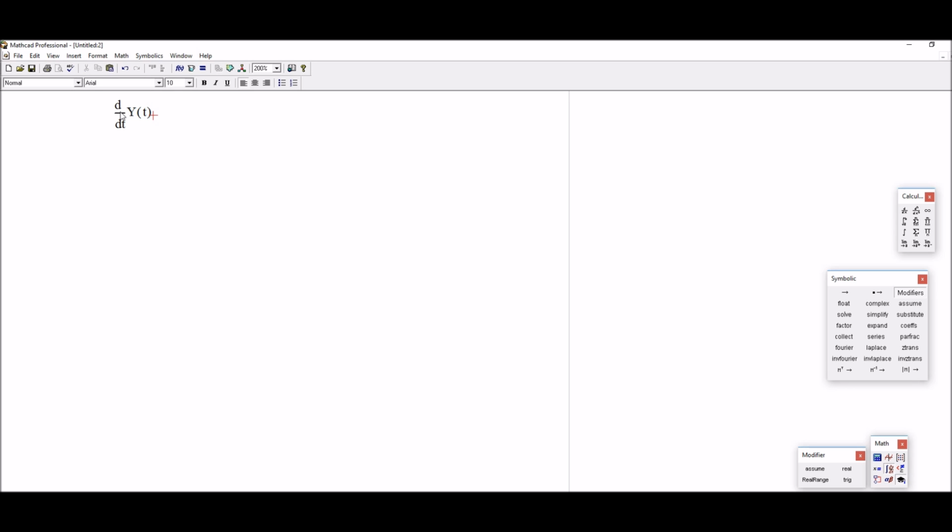So this is just a first order differential equation times y(t), and Control equals, which is the Boolean equals, and this is the differential equation, and the initial condition, let's say y(0) is 1. So I want to solve this one using ODE solve.